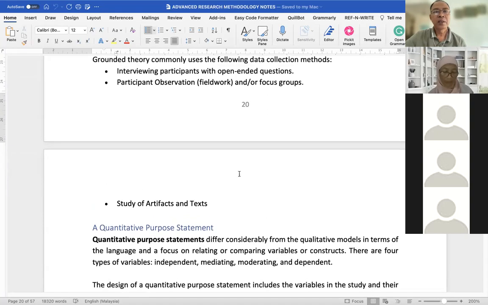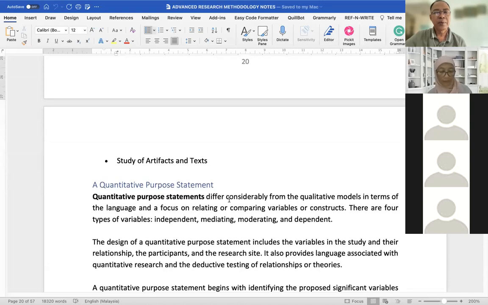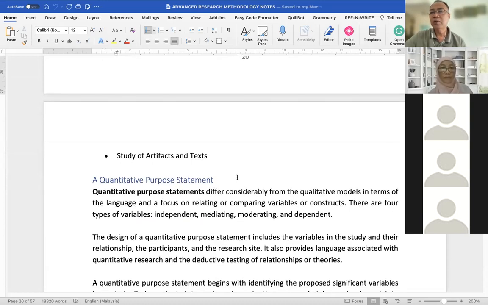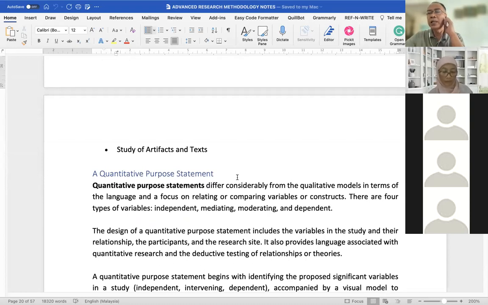They focus on the interview and the library research, right? Some people say a study of artifacts and texts. Some people call it library research. It's actually an examination of past documents, whether books, artifacts, texts, or journal articles. All right, any question?